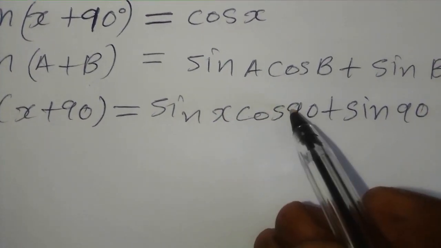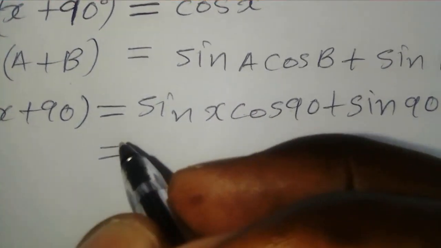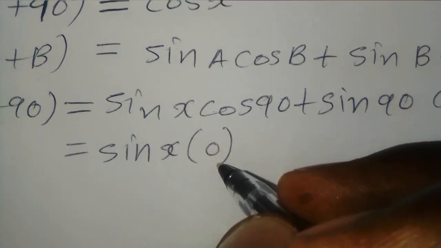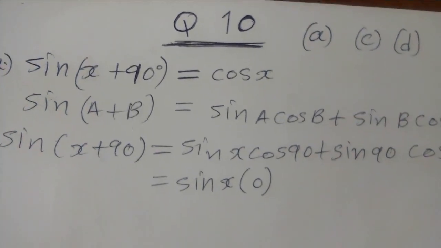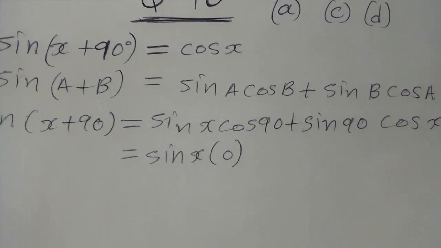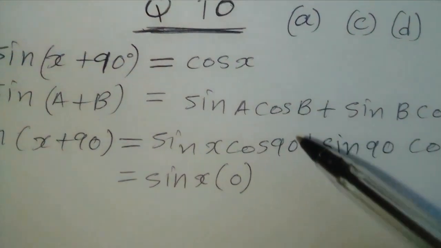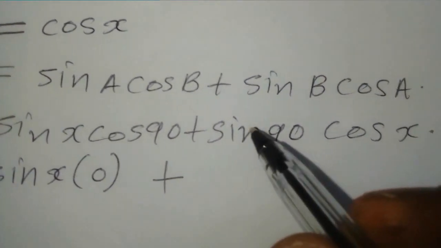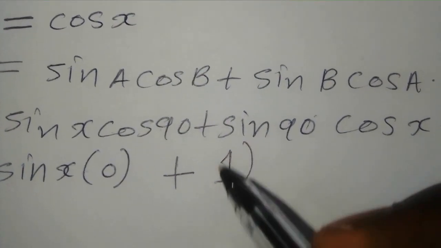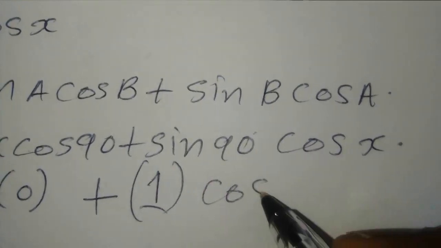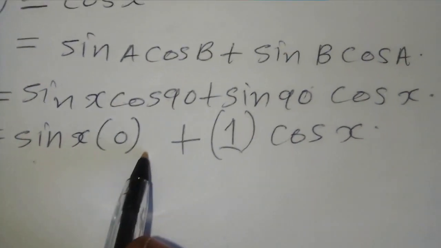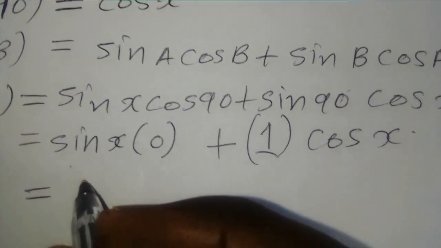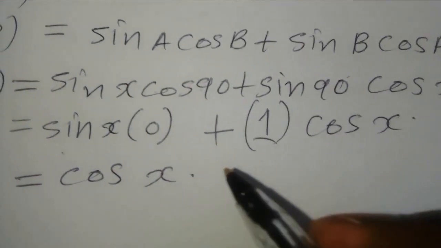So if you multiply sine x times 0, you still get a 0 this side, then plus this side, sine 90, we all know this is a 1, and then cos x remains like that. So this is just a 0 plus cos x. So in short, we are getting our answer to be just cos x, as simple as this.